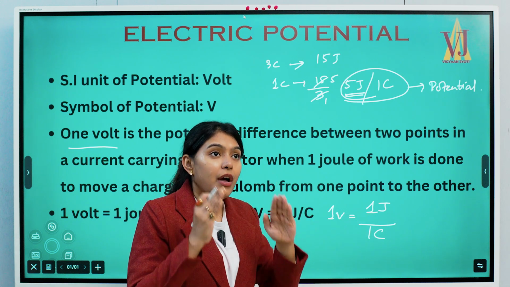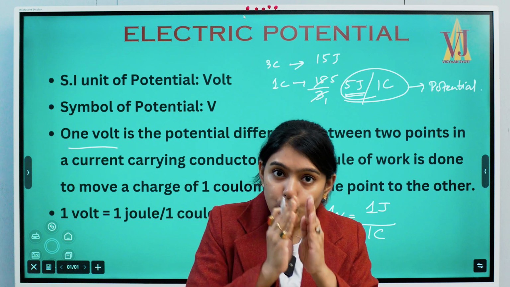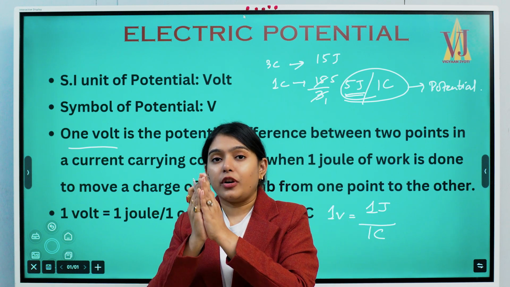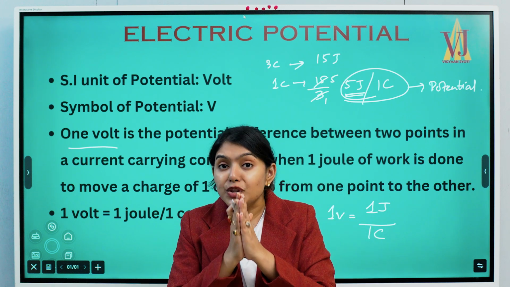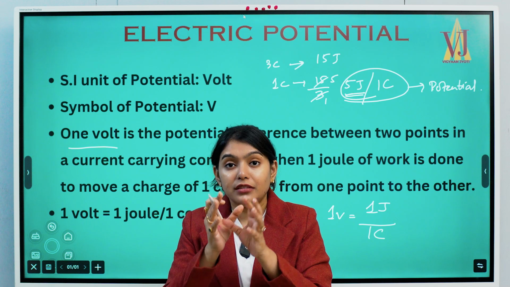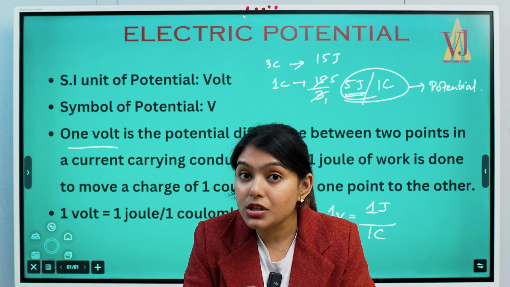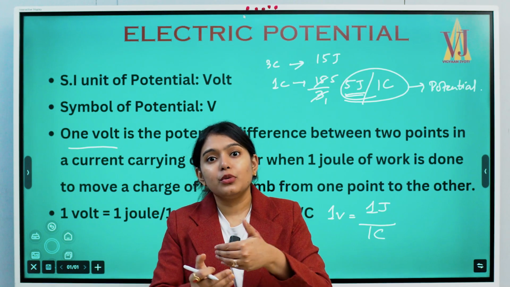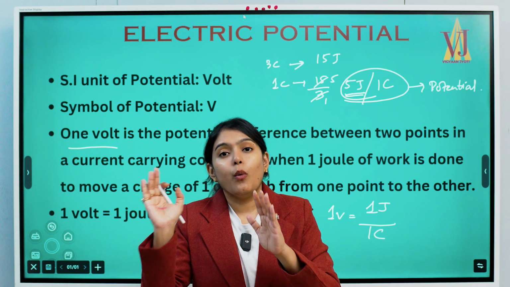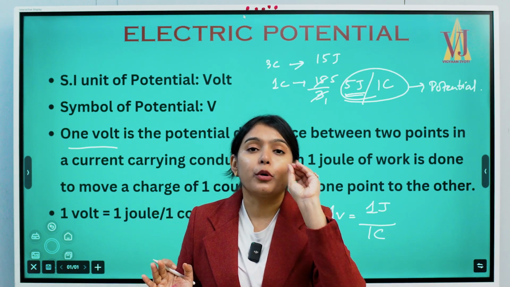So if you have done a work of 1 joule in moving 1 coulomb of charge, with this kind of state, we will say it is 1 volt. That means you have 1 volt potential.